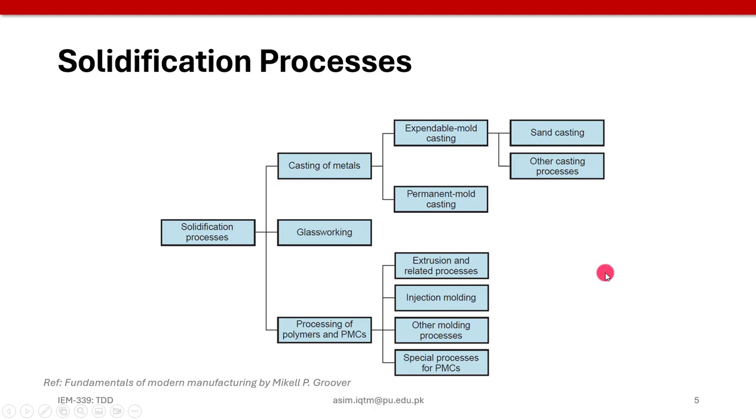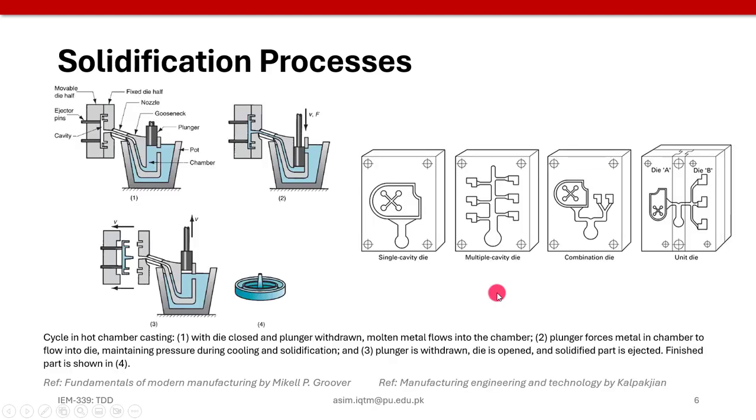Under the solidification processes, we primarily build our discussion on permanent mold casting processes instead of expendable mold casting processes. And we also look at injection molding and related processes. This slide of the solidification processes shows die casting.